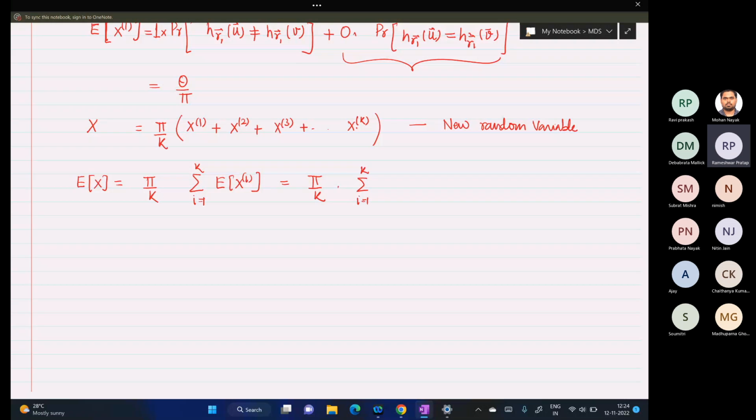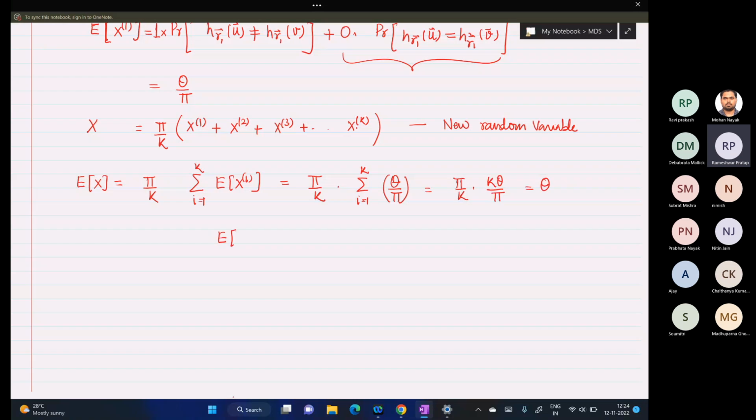This E of xi is theta by pi, so this will be pi by k into k theta by pi. Finally we get theta.